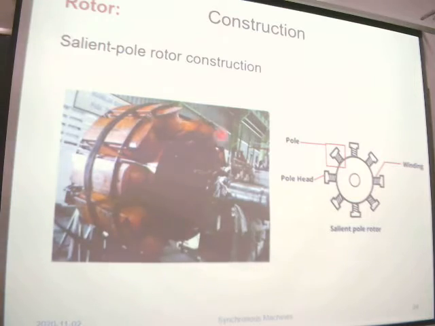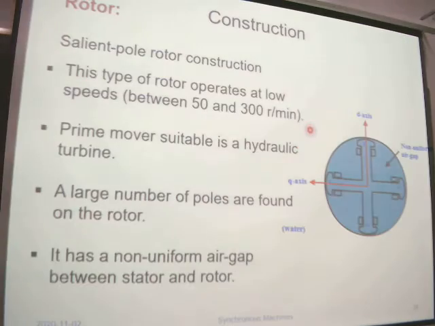This kind of salient pole rotor is used in hydroelectric power plants. So the applications of the two types of rotors are different. We see the differences. First, the speed. The speed is so slow, about 50 or 300 RPM.